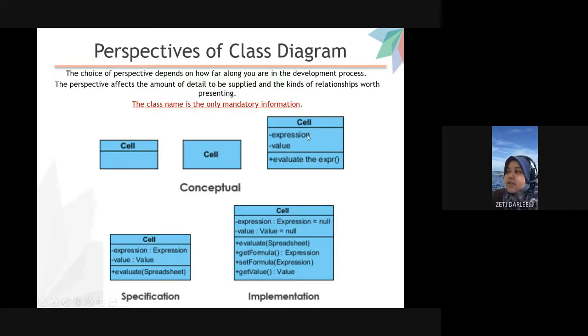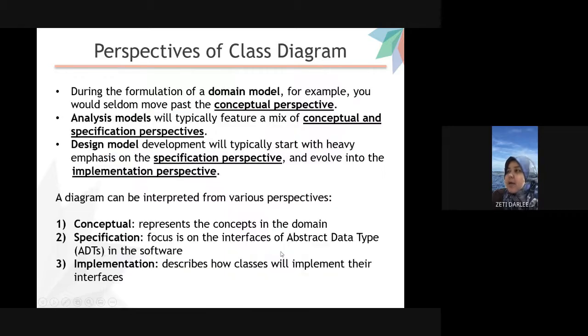The name, the attribute and the operation. Okay. Tapi you can go detail, even detail for developers, you can use this. This is specification type. Yang ini for implementation. So dia ada a detail lah value, attribute, parameters yang kita boleh letak dekat sini ya. Alright.